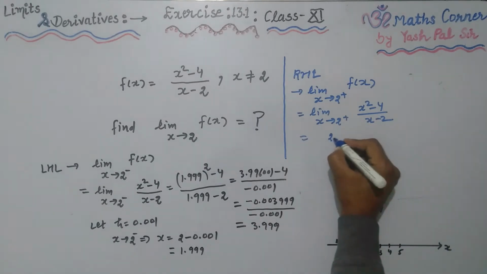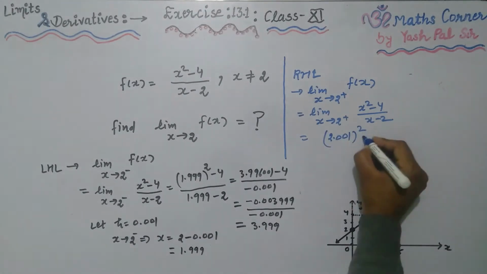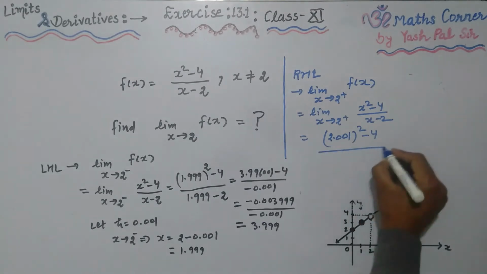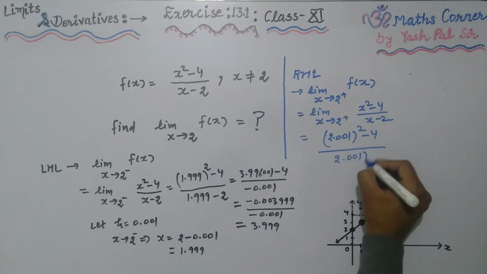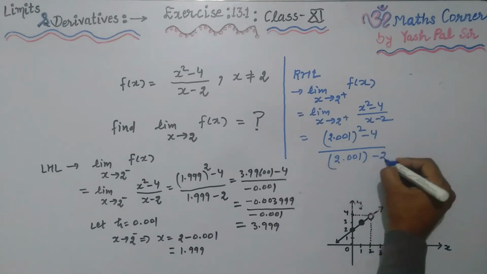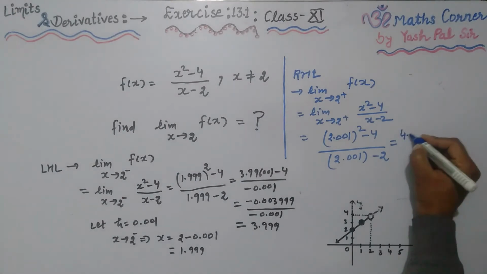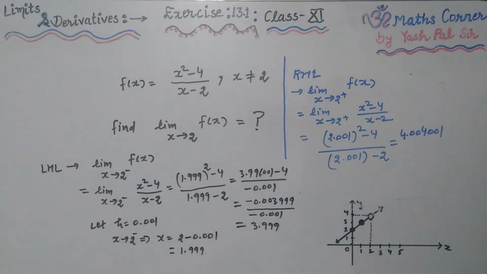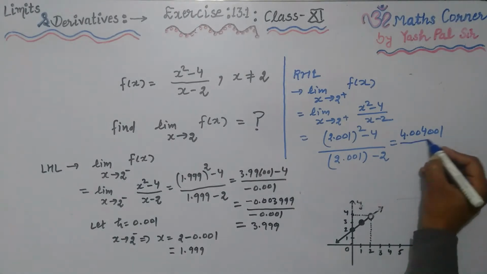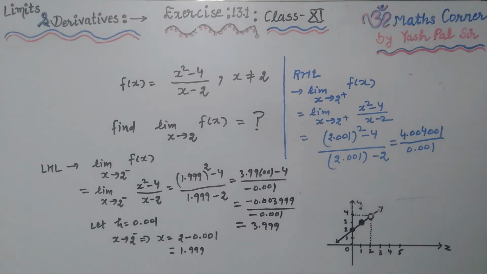So 2.001 whole squared minus 4 divided by 2.001 minus 2. So let us see what is the answer. This becomes 4.004001 minus 4, right? Divided again by 0.001.